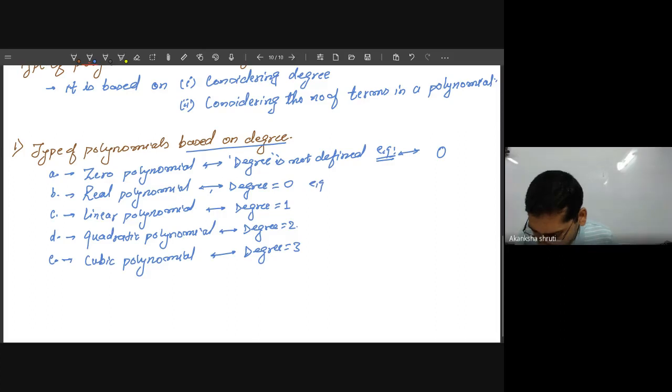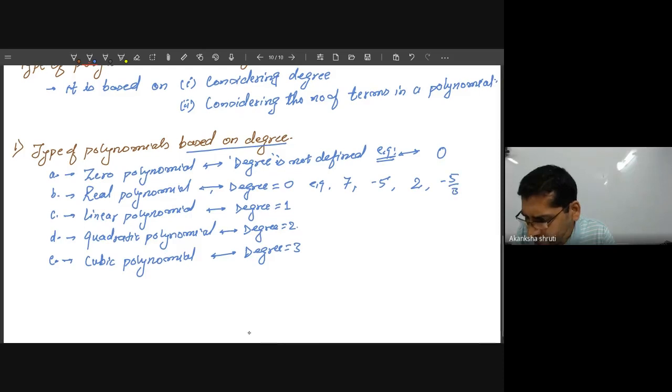For the real polynomial, take any real number, say only 7, only -5, only 2, only -5/3, only 0.5, whatever you write. These are real numbers. But here you shall not consider 0. 0 also belongs to the real numbers, but 0 forms a different category of polynomial called the zero polynomial.